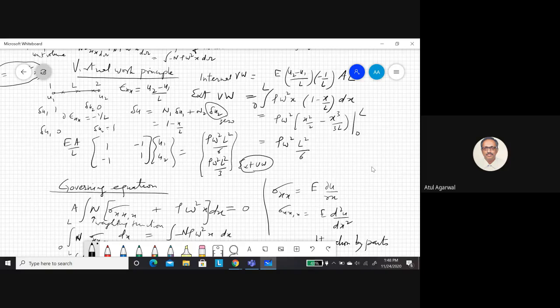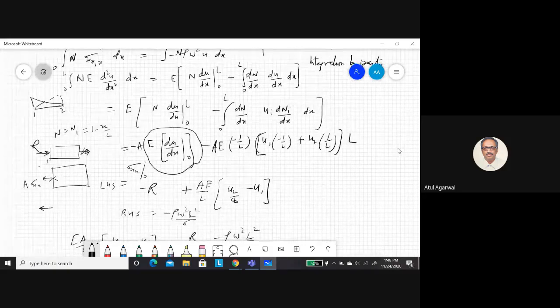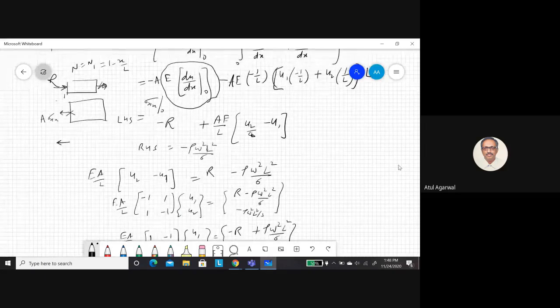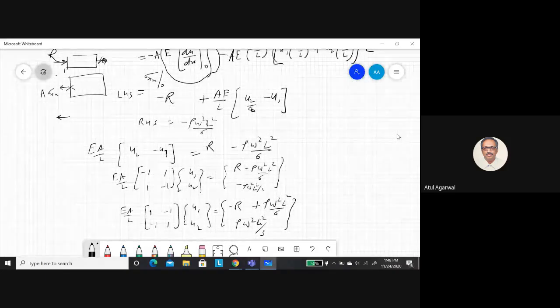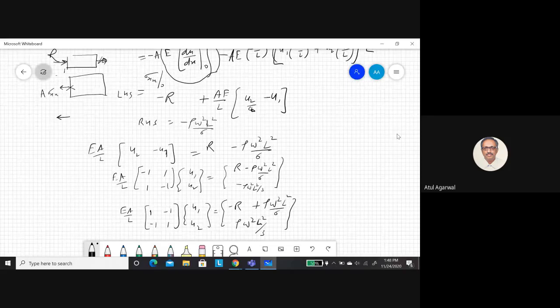So external virtual work because of this reaction R will be R. So you will have plus R also. While in the second case, there won't be any external virtual work because of this R, because U1 is 0, delta U1 is 0. So you will get plus R into 0. So here again we have made some mistake. We should have got plus R. Okay.